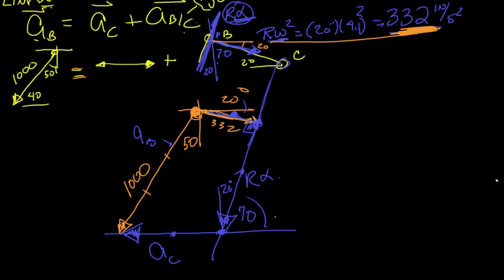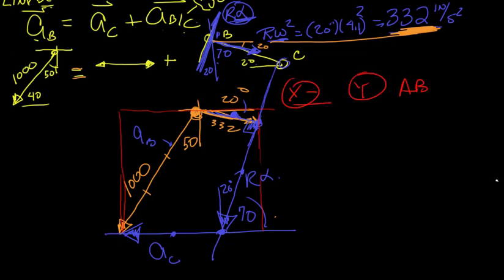And the general format is to, at this point, since we can't make a triangle out of it, we're going to box this in. And we're going to write out the X equations and the Y equations. And we're going to do this as absolute values. So we can look at this and say this leg here has to equal this vertical leg plus that vertical leg.